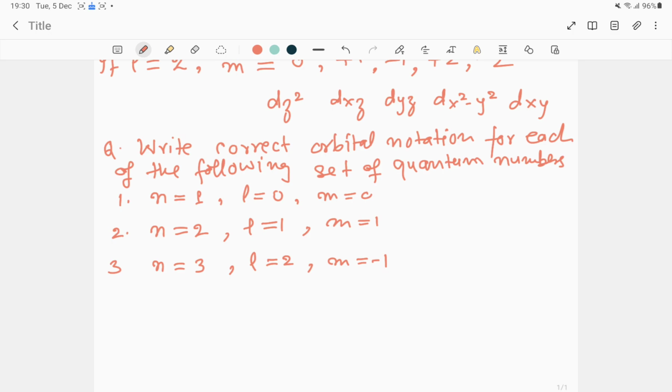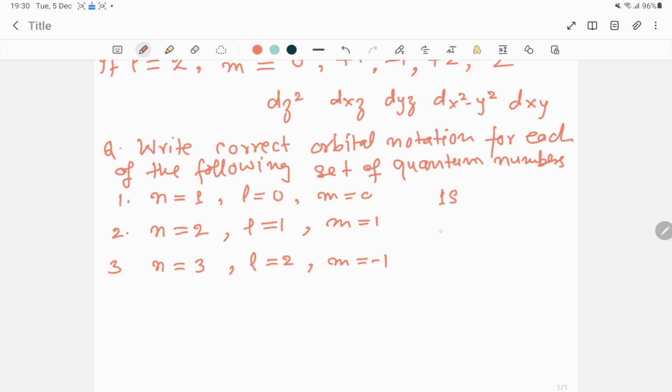Now the answer. If n is equal to 1, l is equal to 0, and m is equal to 0, then the orbital is 1s. If n is equal to 2 and l is equal to 1, l equal to 1 means p orbital, that is the 2p orbital, and m is equal to plus 1.